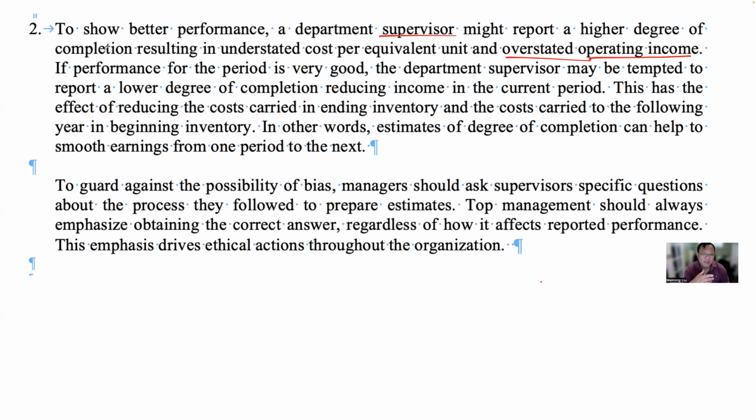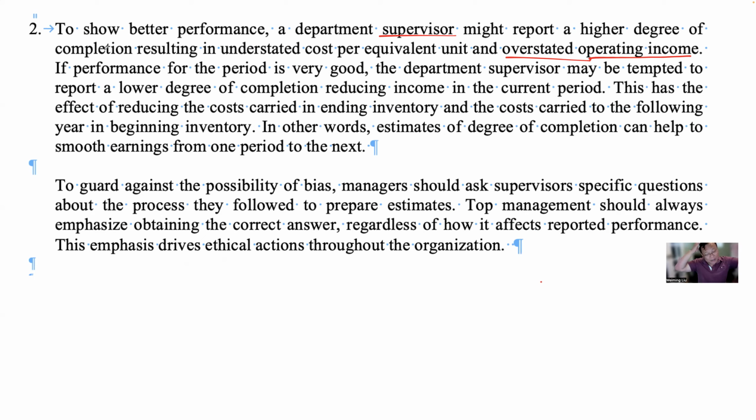If the performance is good this year, the supervisor may do something called income smoothing. If this year the performance is good, but next year it may not be so good, and the manager can meet the target anyway, say the target is 1 million and the manager will make a bonus, and this year is 2 million, it doesn't matter whether it's 1 million or 2 million, the manager will only make a fixed amount of bonus.